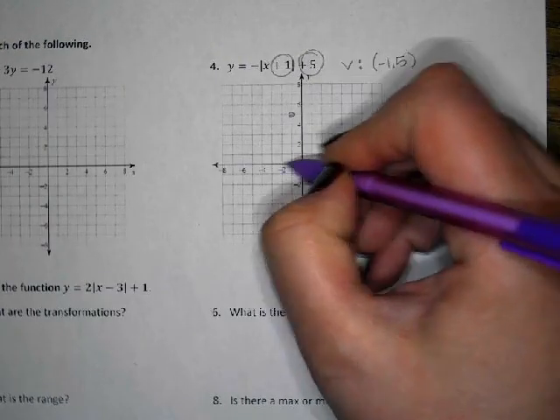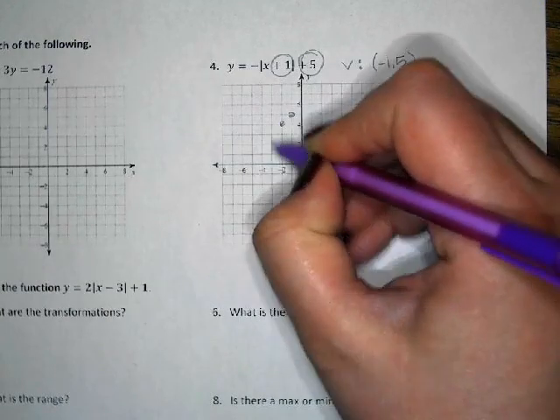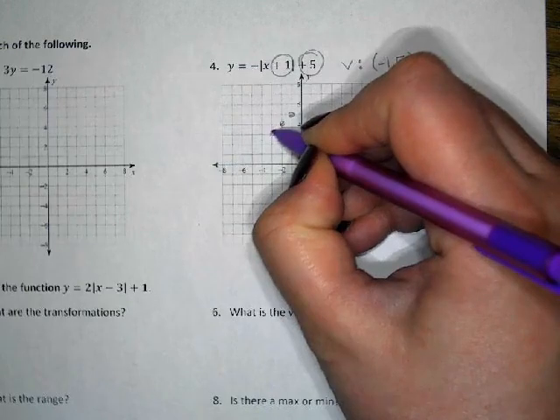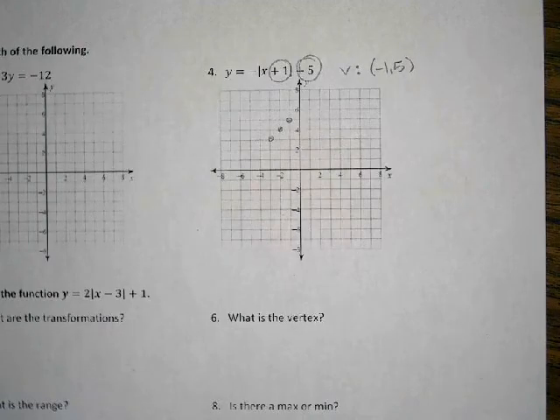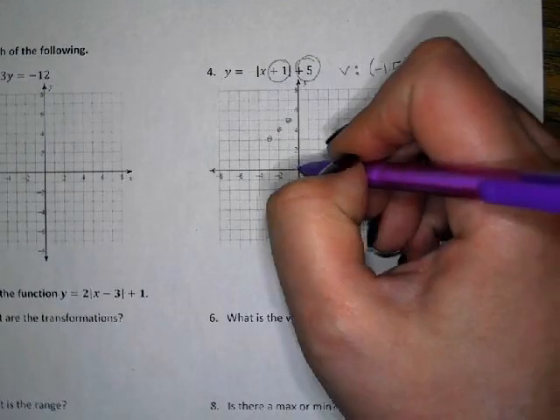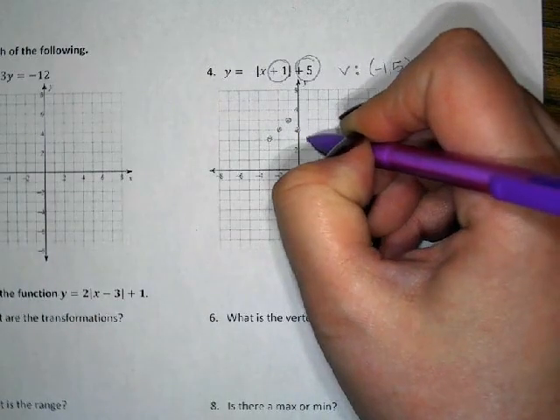So negative 1, 5, negative 2, 4, negative 3, 3. And then I can graph points on the right. Those were always there, and they were a little bit easier to see anyway. So 0, 4 and 1, 3.